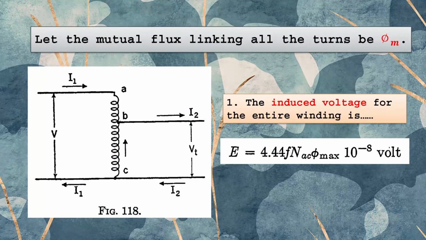So number 1, we have the induced voltage. So yung formula natin diyan is E is equal to 4.44 f N omega, where f stands for the frequency, N stands for the number of turns, and the omega symbol means flux, and we can multiply by 10 raised to negative 8 if the unit used is in Maxwell.